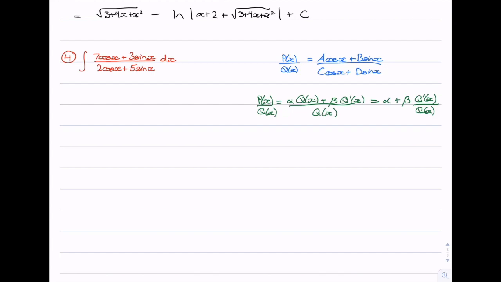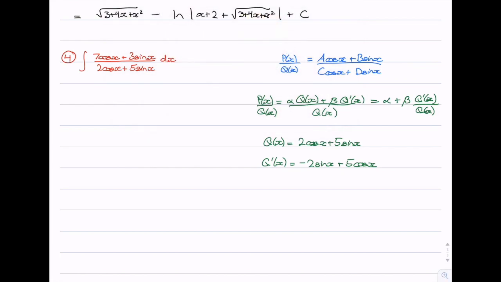So for us, we have q of x is equal to 2 times cos of x plus 5 sin of x. So therefore our derivative q dash of x is going to be negative 2 sin of x plus 5 cos of x. So now we need to rewrite p of x as that combination of q dash and q. So let's use black now.